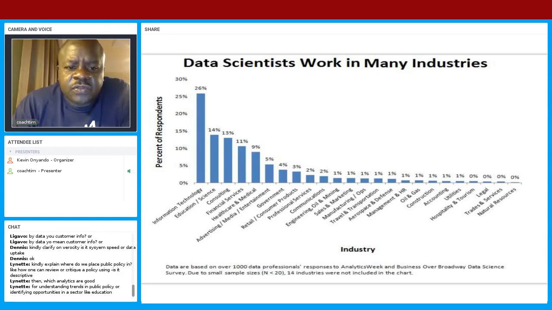There are jobs every week. There's also the part, education and science, in academia. The reason you're taking this course, as I've mentioned earlier, is we still are in the process of retooling and reskilling. By the time we were studying, there were no colleges or the curriculum was not offering data science.